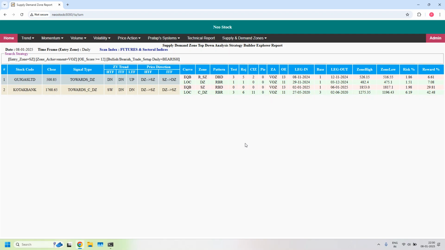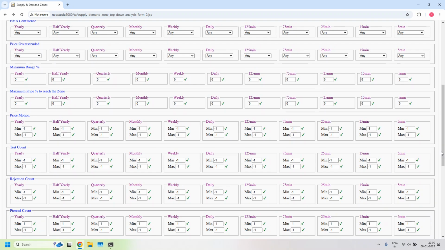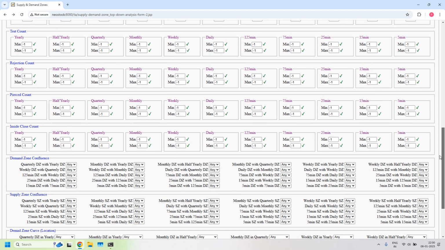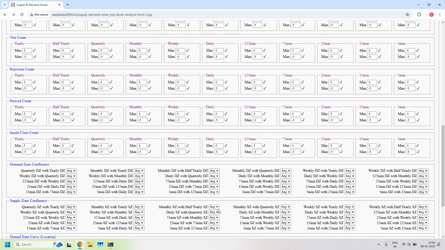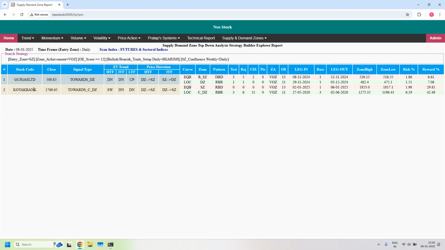Okay, out of these two, how many have ITF supply zone confluence to look for high probability setups? In the supply zone confluence, I am setting the filter daily supply zone with weekly supply zone confluence. With this filter, both stocks are filtered.